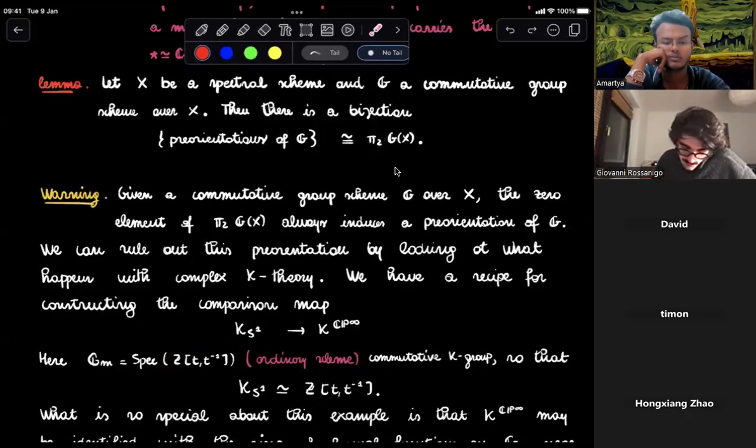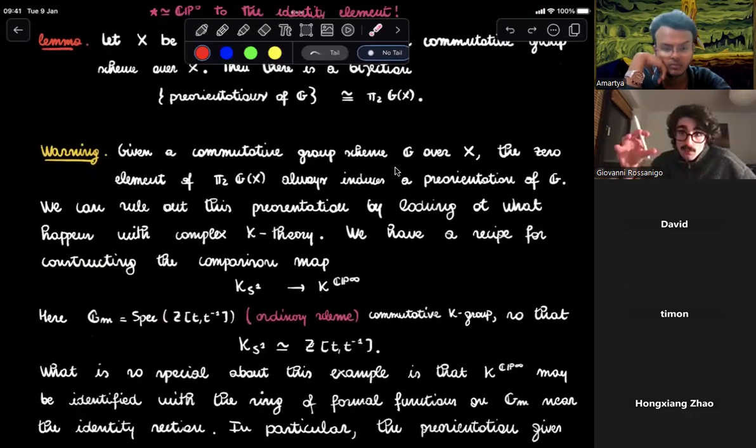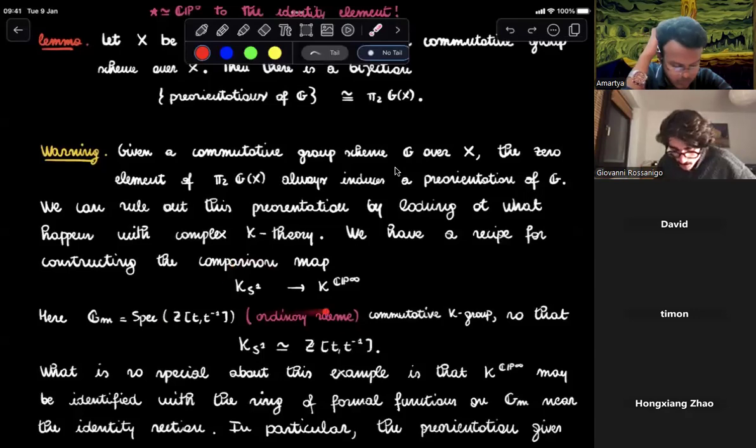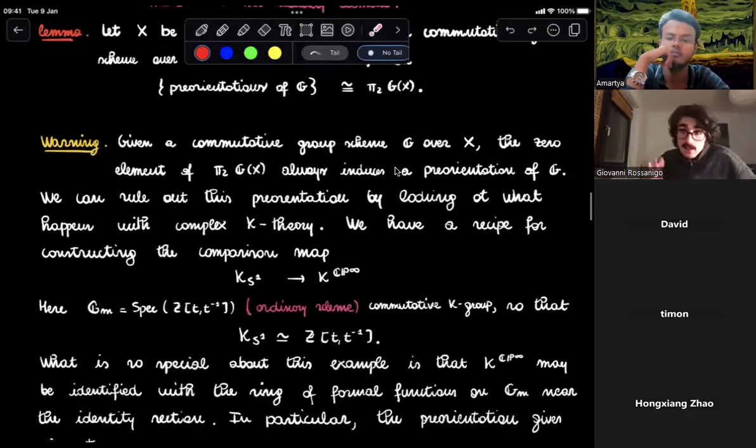And what is so special about the example of K-theory is that this map exhibits the Borel equivariant cohomology as the ring of formal functions on the scheme, on the commutative K group Gm, near the identity section.